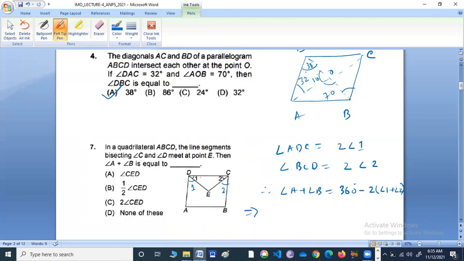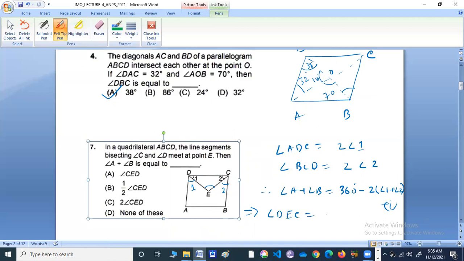Now angle 1 plus angle 2 plus this is, so this is, let us put it number 1. Also angle DEC will be what? 180 minus sum of the angle 1 plus angle 2.